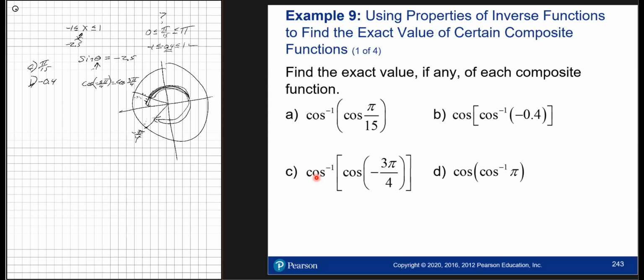And with cotangent, we're dealing with angle values between 0 and pi. Remember, cotangent is shifted a little bit off of cosine as far as what angles exist. For cotangent, it does not exist at 0, and it does not exist at pi.